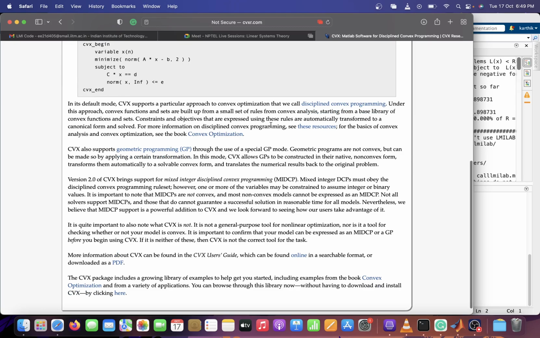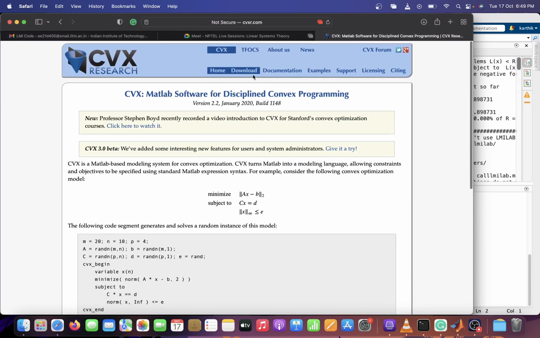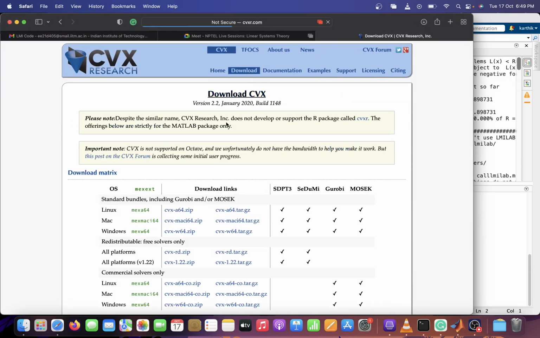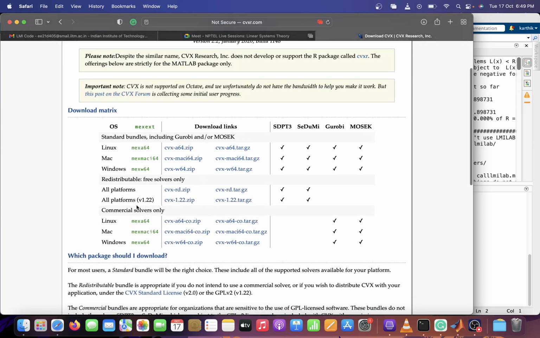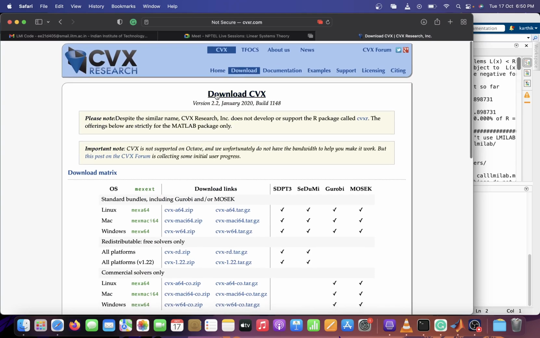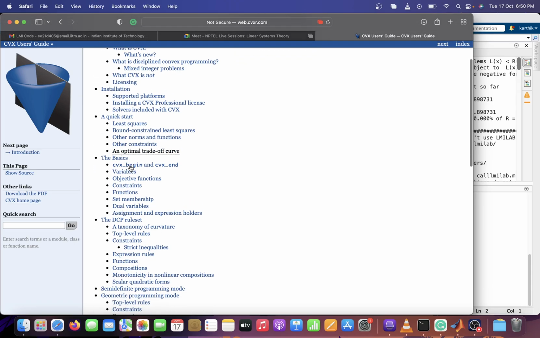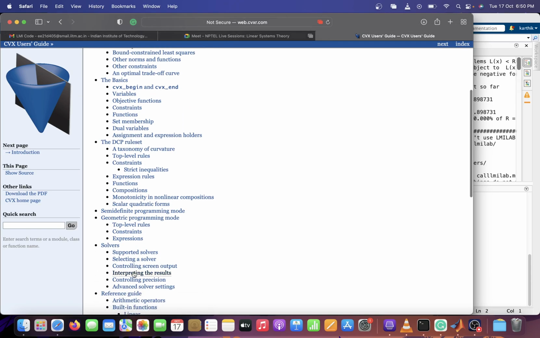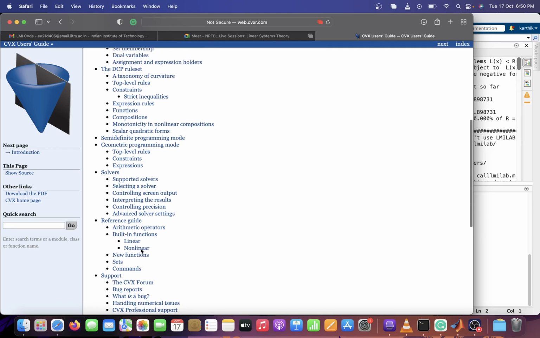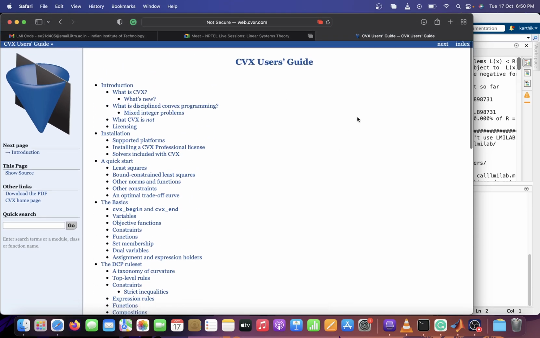They have some free solvers, and there are also paid ones which are usually commercial. So you can always use the free solvers. It's the same way you can download, and the coding is pretty much the same. If you look at the documentation, there are so many ways to solve, for example, least squares, all these things you can solve.